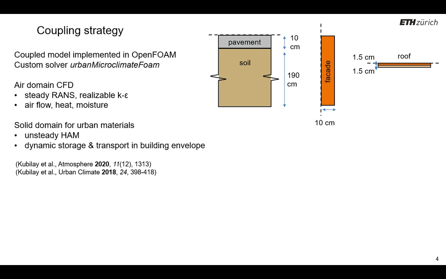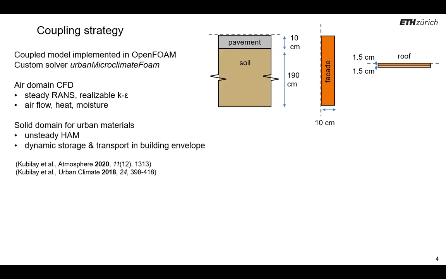So, for example, for a 3-day duration, we have separate steady run calculations every 20 minutes where we update boundary conditions. And the boundary conditions for surface temperatures come from this dynamic unsteady HAM, a heat and moisture coupled simulation. Here we ignore moisture from the surfaces, so they are impermeable surfaces and it's pure heat storage.